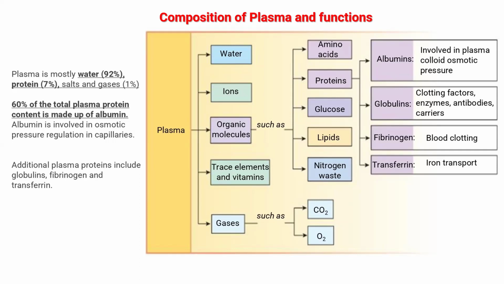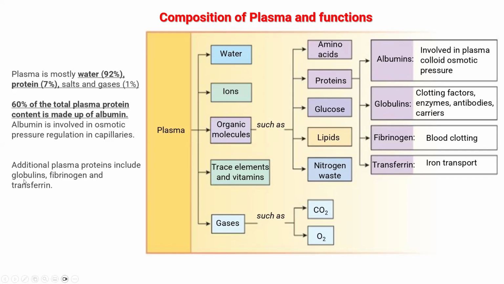Why? Because when this patient lost albumin, a very important protein found in plasma, the plasma oncotic pressure will be disturbed, fluid will come out of the capillaries, and then you will see this edema in the patient.